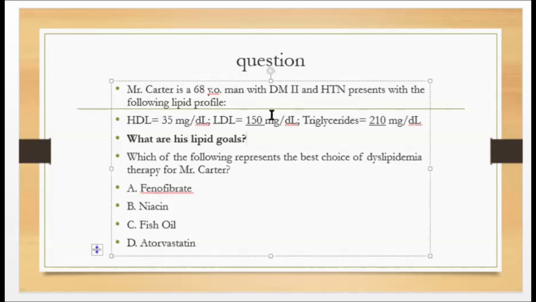With all these comorbidities, this patient can be at risk for stroke if you don't take care of this LDL and HDL. And that is why we give them atorvastatin because that is a high intensity statin.